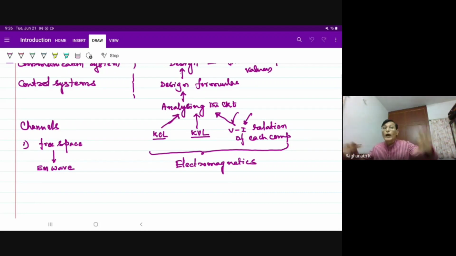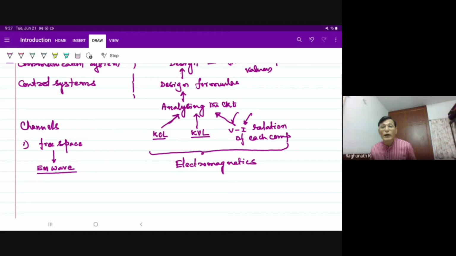Wherever we basically use unbounded medium in general as a channel, they have to use electromagnetic wave. I should first of all know the amplitude of the electromagnetic wave that is to be launched into the medium to achieve a specific range in communication engineering.